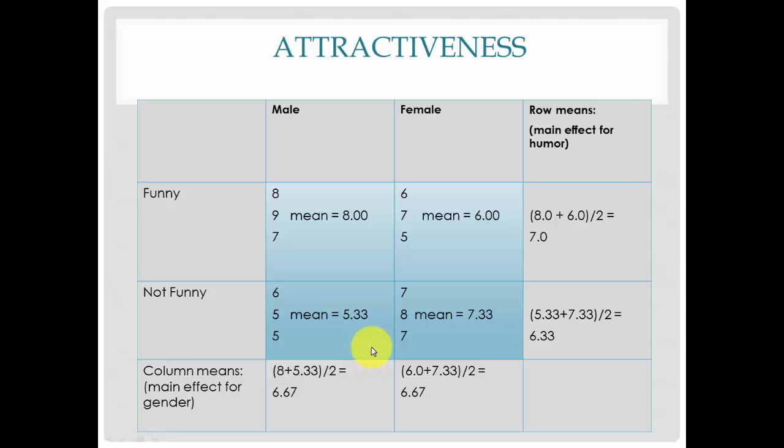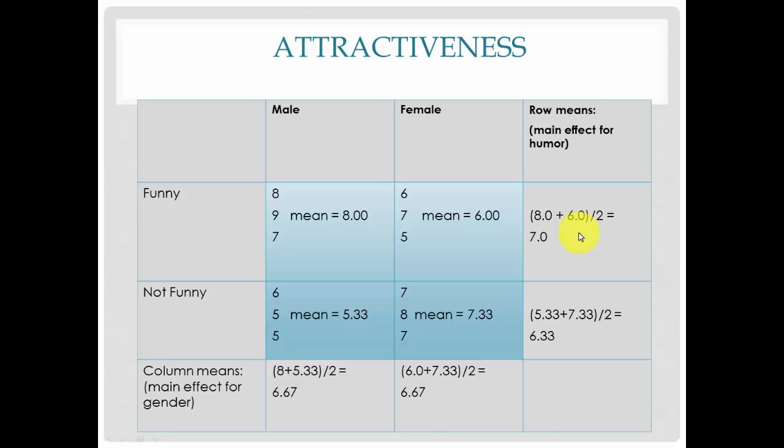So let's look at our attractiveness data again. Here is what we've been working with in class, where we have our rows, here's a row and here's a row. So our row variable is going to be humor, because that's what we are going to read in our row. And you can see that we have our row means calculated, to begin the calculation for funny and then for not funny.